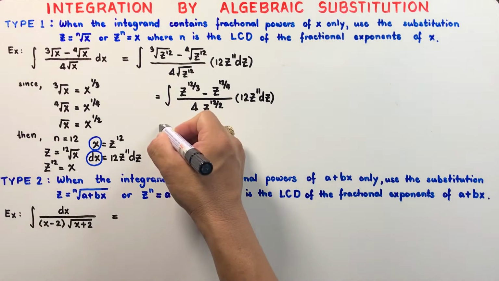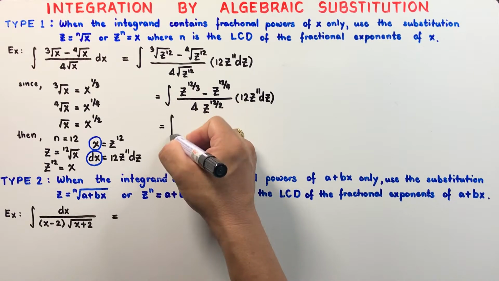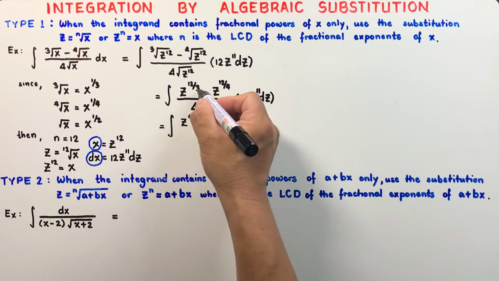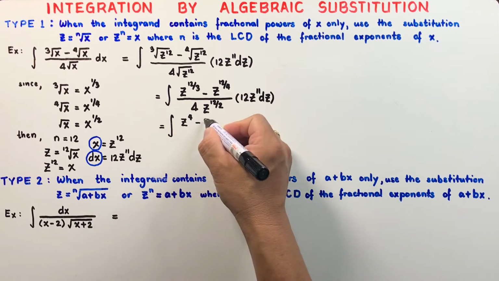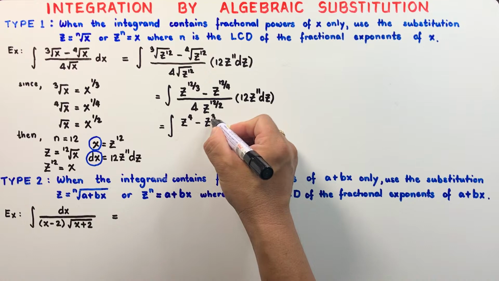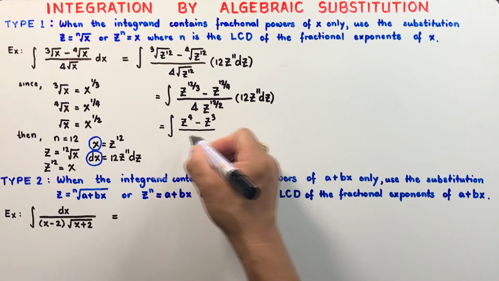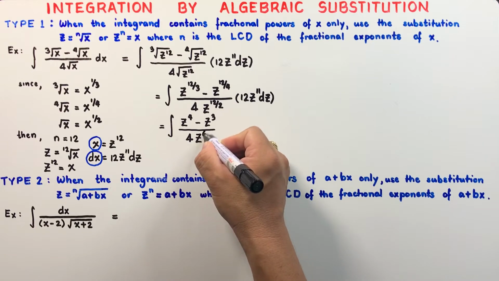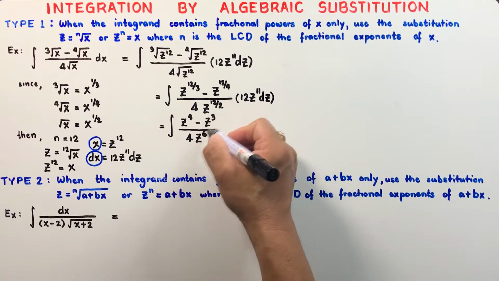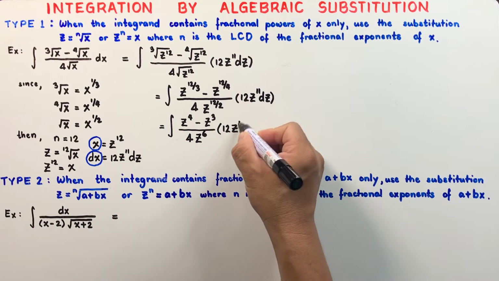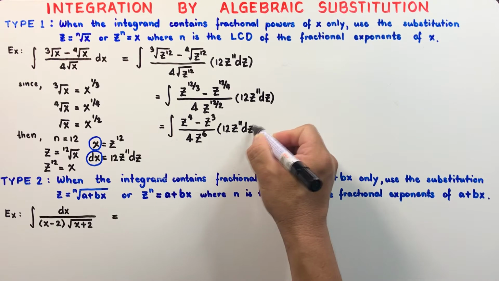Now, simplifying the fractional exponents, we have z to the power of 4 because 12 divided by 3 is 4, subtracted by z to the power 12 over 4, which is 3, and divided by 4 z to the power of 6 because 12 divided by 2 is 6, times 12 z to the power 11 dz here.